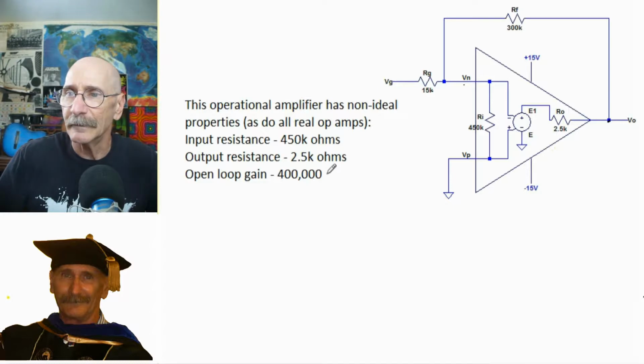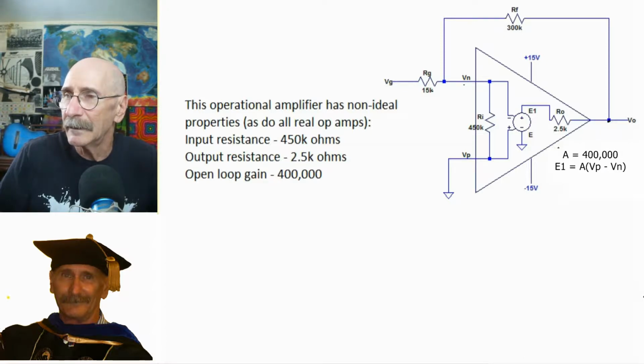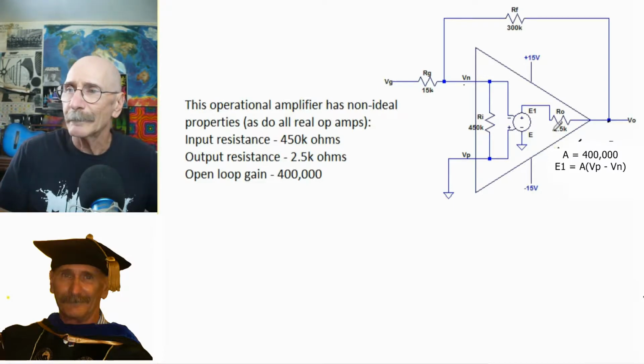The open loop gain of 400,000 is represented here, and we put A equal to Vp minus Vn multiplied by 400,000. Okay, so that's our open loop gain.